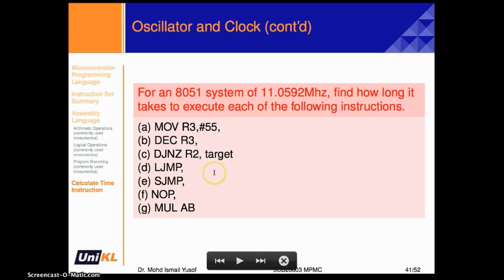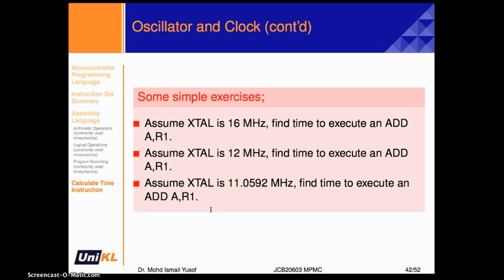Then we have LJMP or long jump, SJMP or short jump, NOP, no operation, and MUL AB or multiply A and B. Okay, let's have a look.